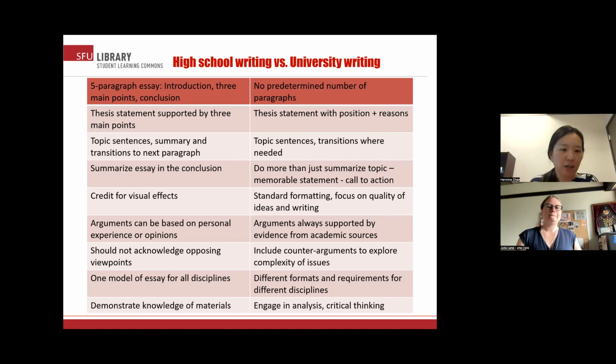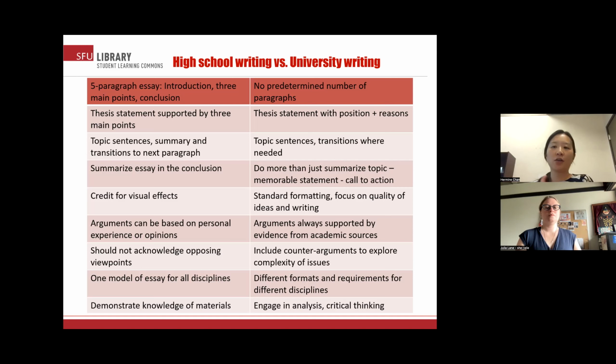All right, and finally, in high school, usually for every single subject like history and English and geography, you will follow that 5-paragraph essay model, usually for most of your classes. But in university, we have different formats for different disciplines. So if you're in business, for example, you may not even write an essay.